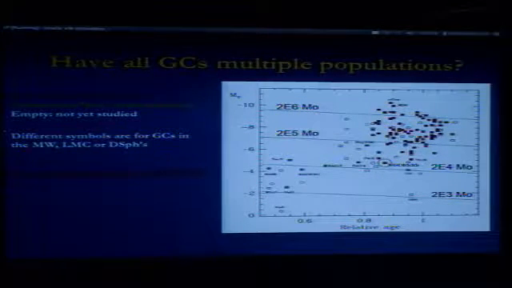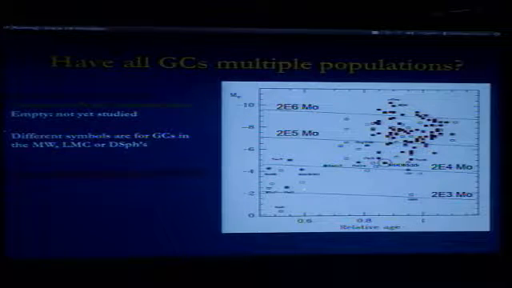And the empty squares are simply clusters not observed. The red ones are the clusters with the sodium-oxygen anticorrelation. The green ones, or blue, I don't remember the color, are the clusters where there is no evidence for the sodium-oxygen anticorrelation, but they have been observed.